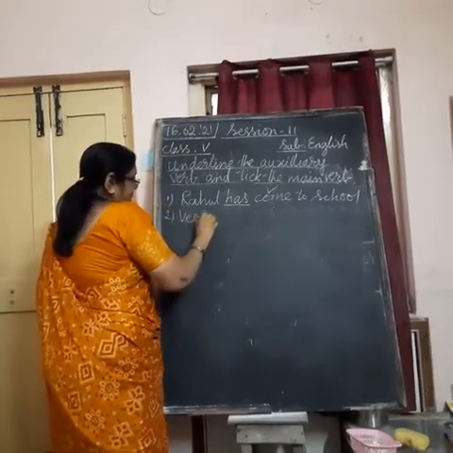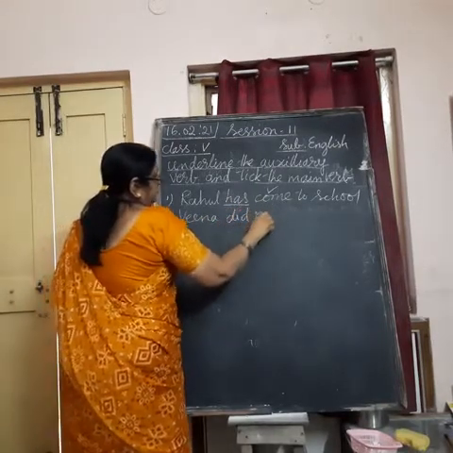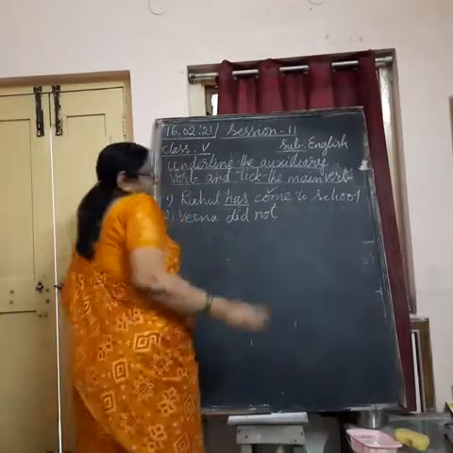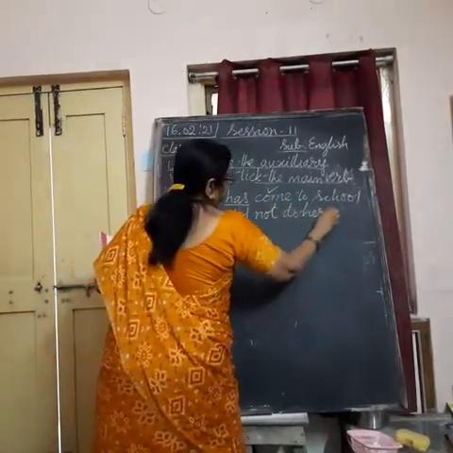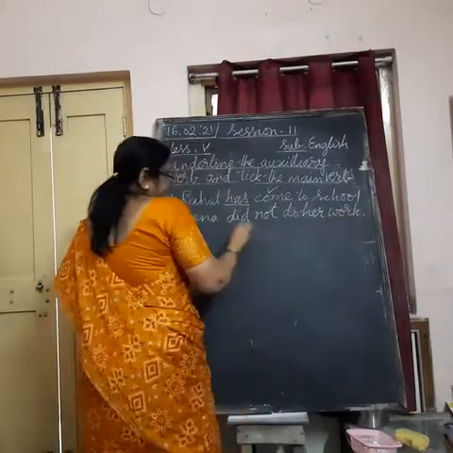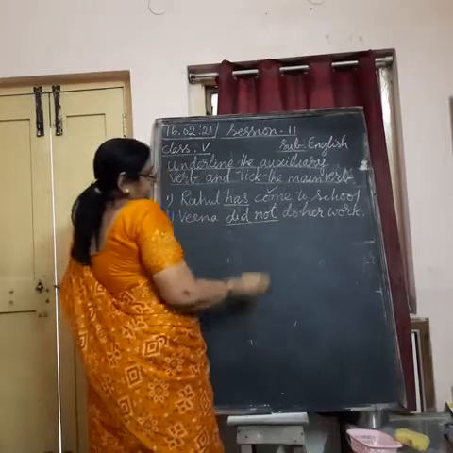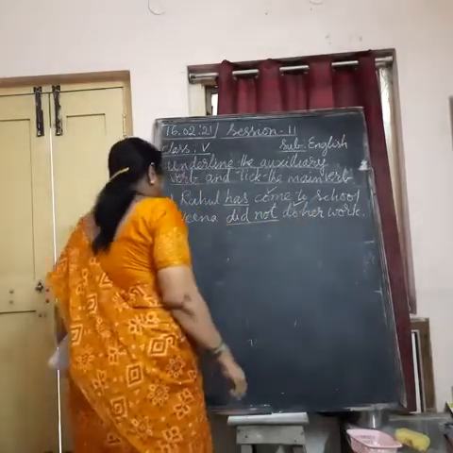Veena did not do her work. So here did not is the auxiliary verb and do is the main verb. Understand?